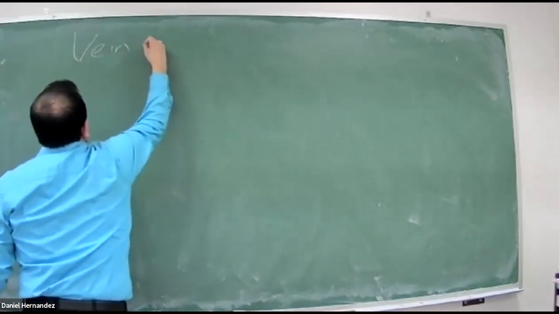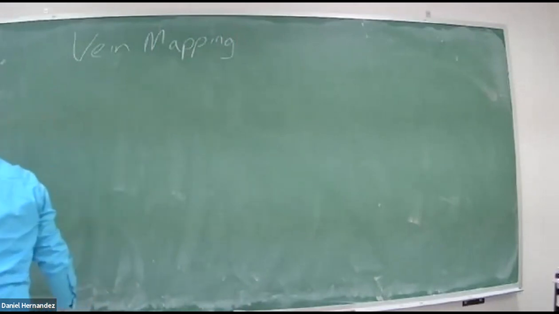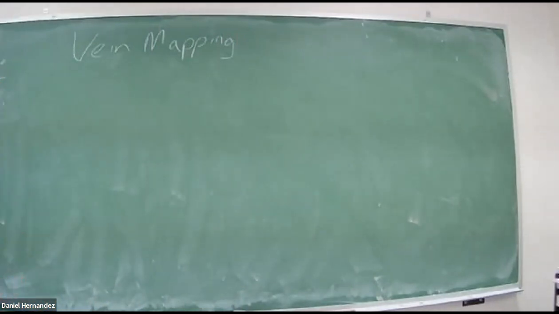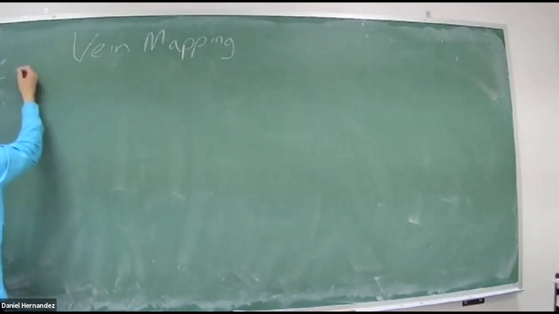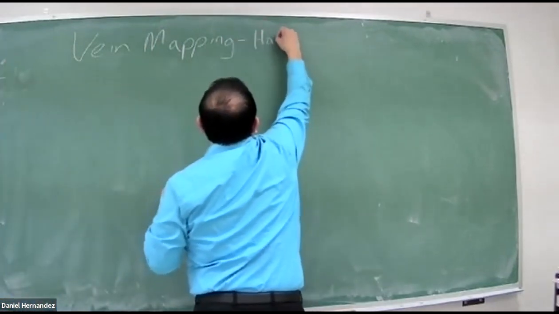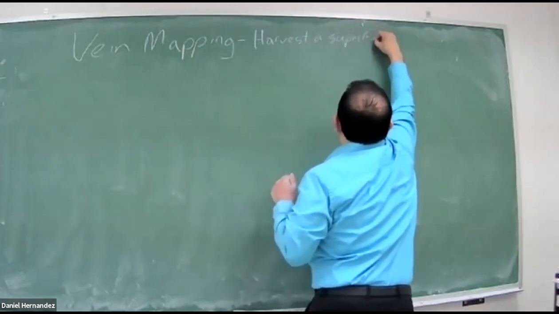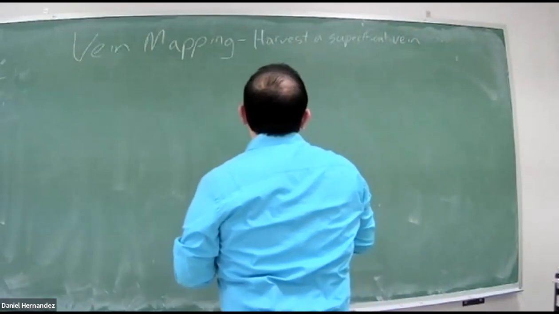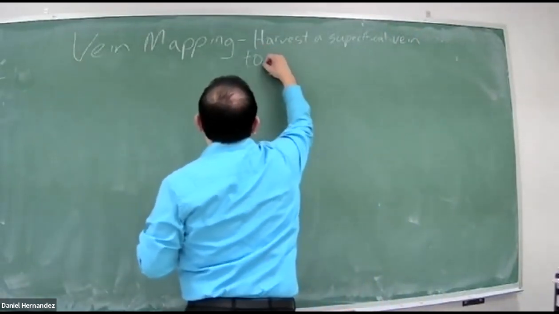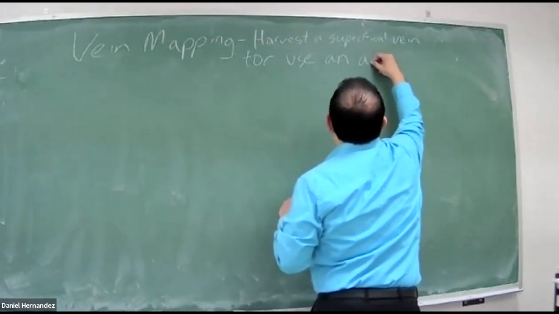And so we're going to go into vein mapping. So the point of vein mapping, we're going to harvest a superficial vein to use as an arterial bypass.